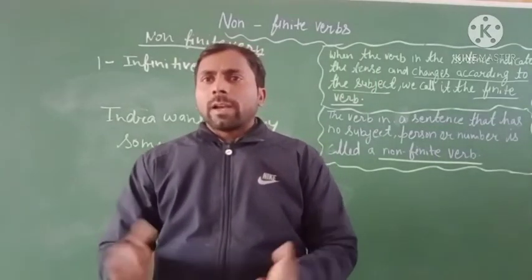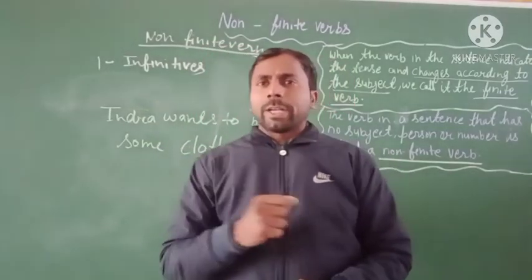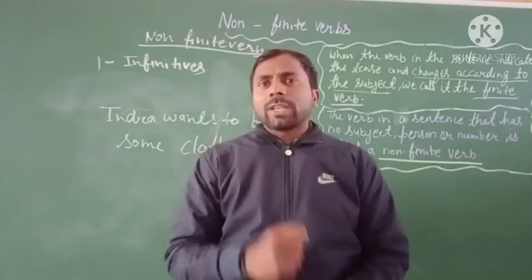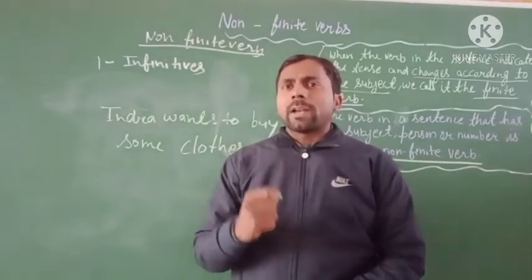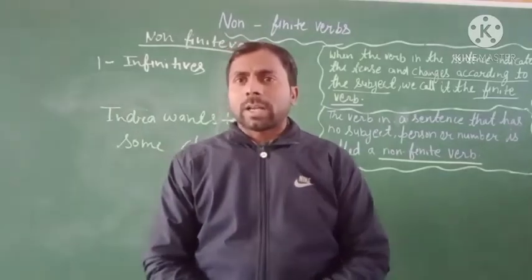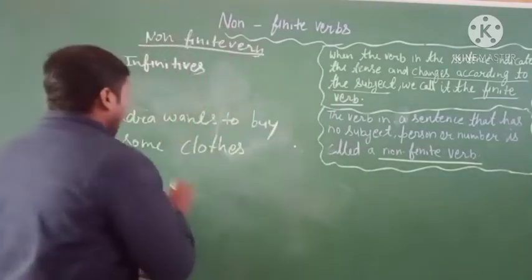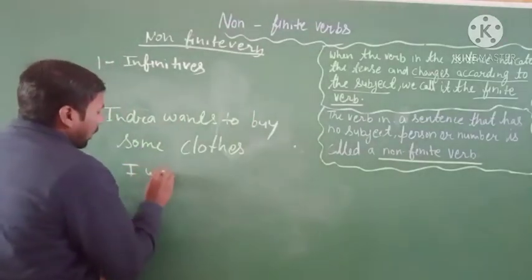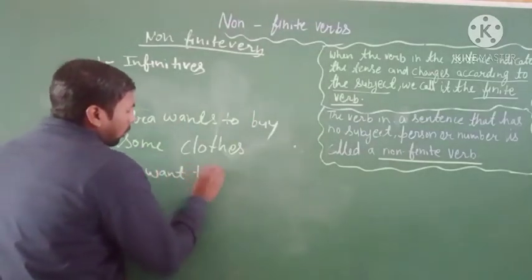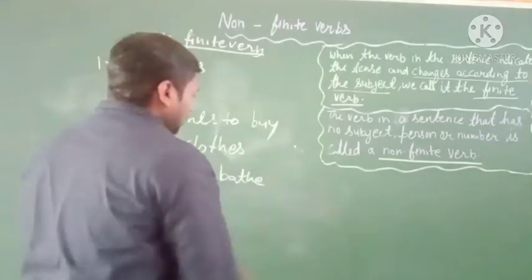Okay, and let's learn about some of the functions of the infinitive. Okay, first, an infinitive can function as the subject or the object of a sentence. For example, I want to bathe.